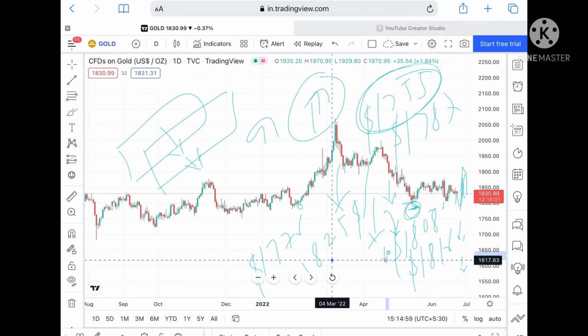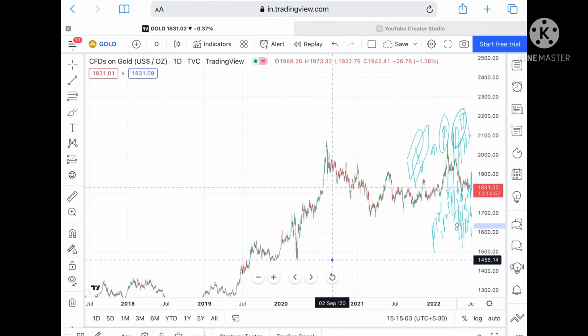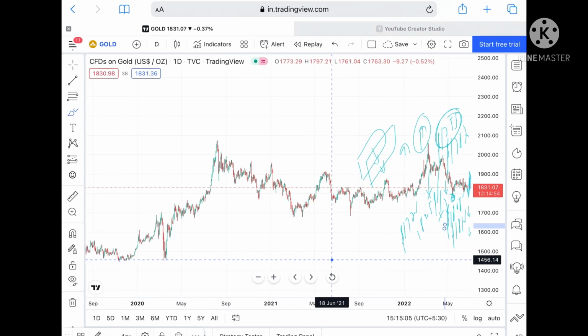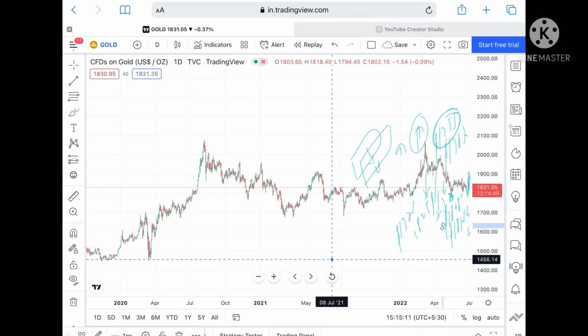Now if you are trading, you have to understand something. Trading is risky and most people lose money in trading. So you have to be very precise with your stop loss and limits.